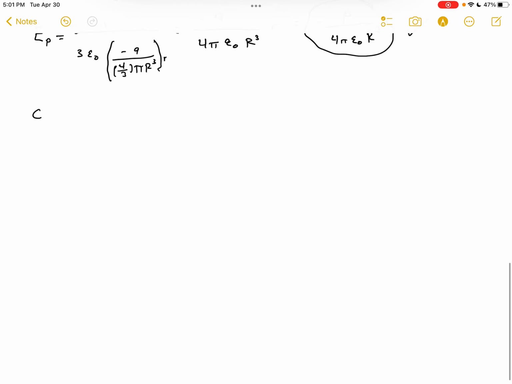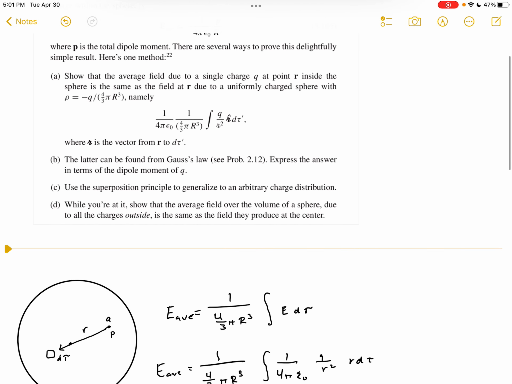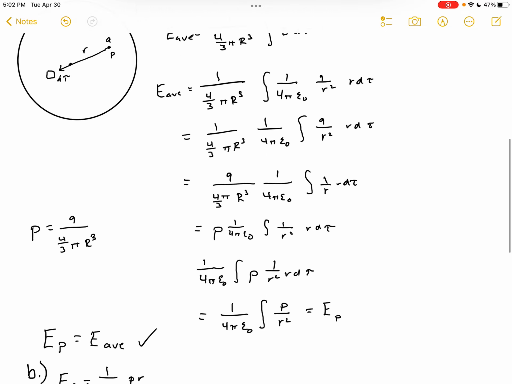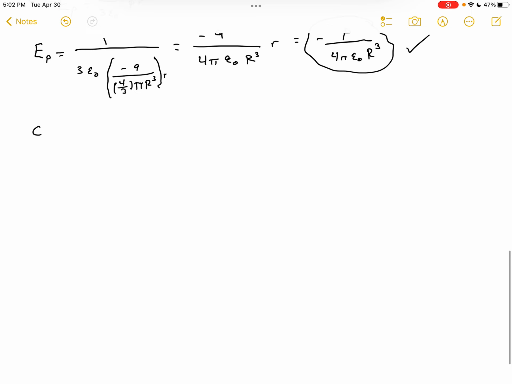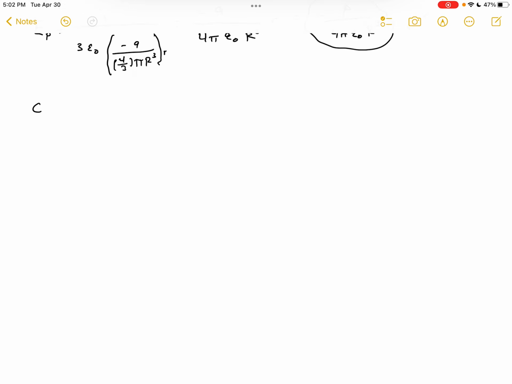Part C, you want to use the superposition principle to generalize to an arbitrary charge distribution. So you want to write the expression for the sum of the individual average electric fields.